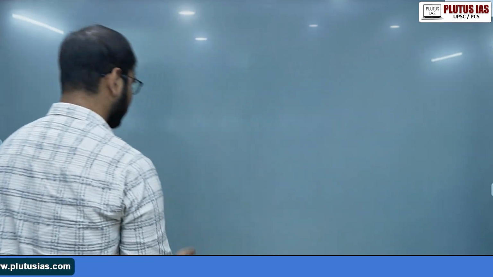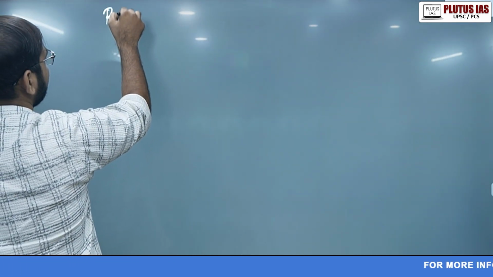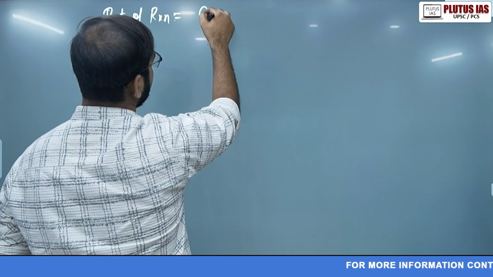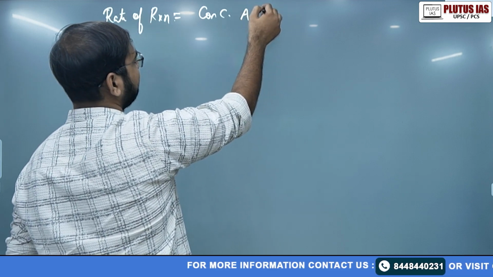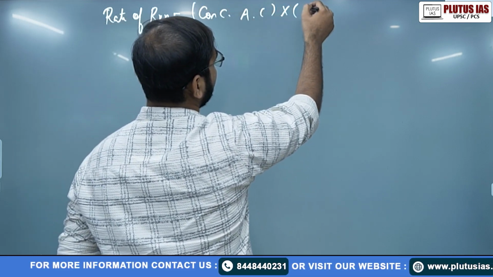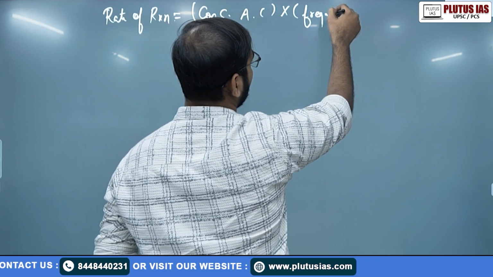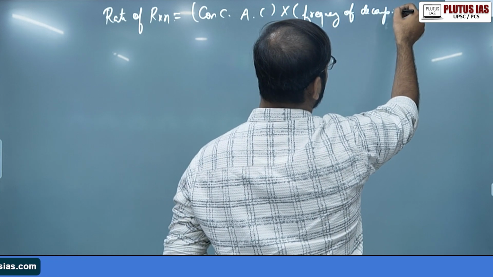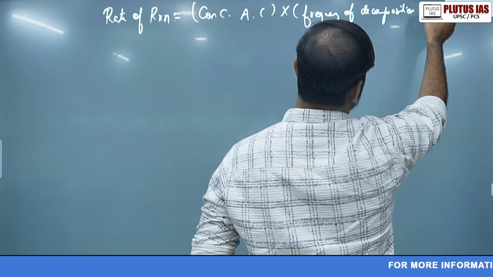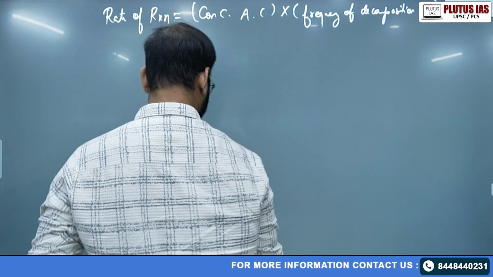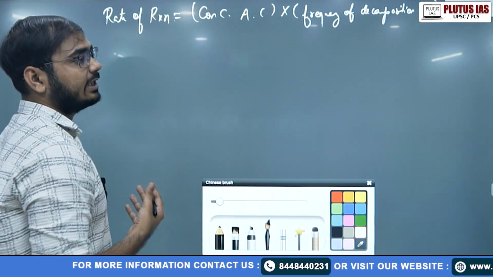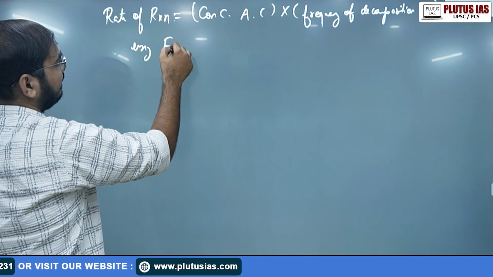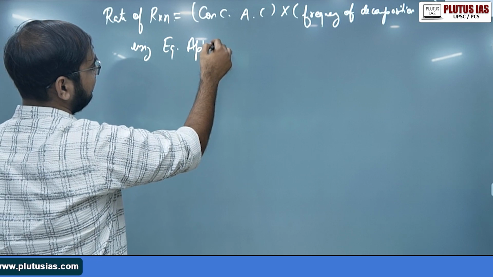So the rate of reaction is based on two factors: the concentration of the activated complex multiplied by the frequency of decomposition of the activated complex, that is, the rate of decomposition per second. Since it is a fast equilibrium, we can use the equilibrium approximation method of chemical kinetics.